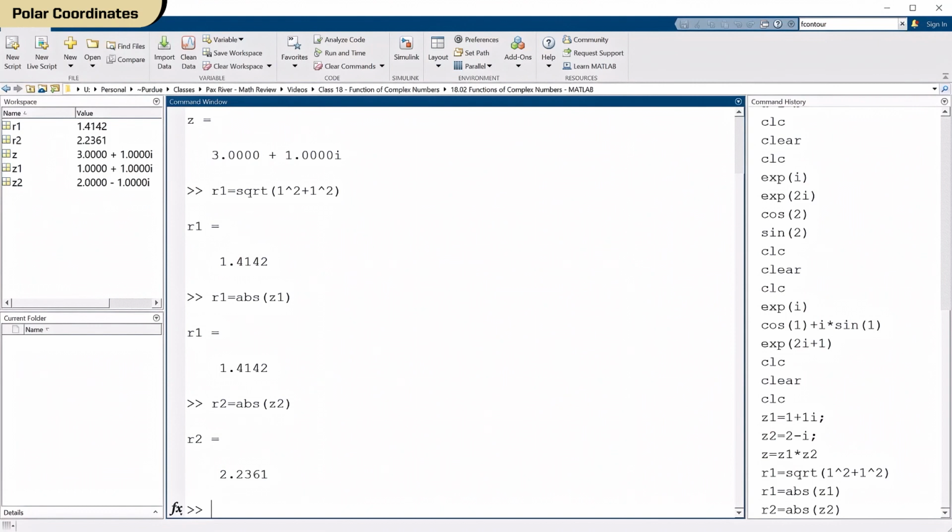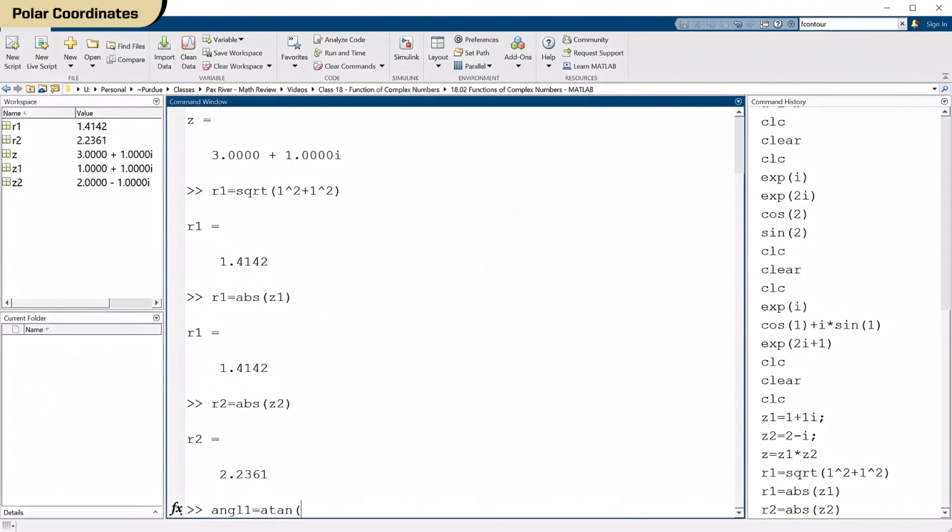Next thing I need are some angles. Well, let's see. The angle of the first number, let's call it angle1, is the arctangent of the imaginary part over the real part. Because remember, the imaginary part is vertical, the real part is horizontal. So the arctangent of that is the angle.